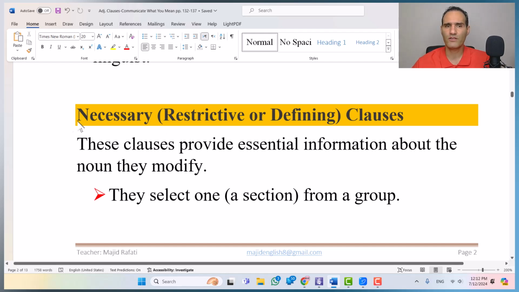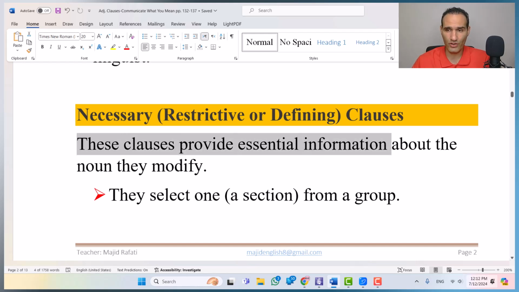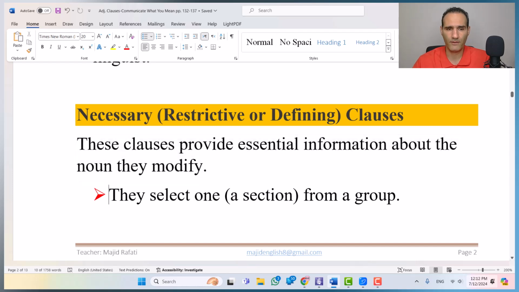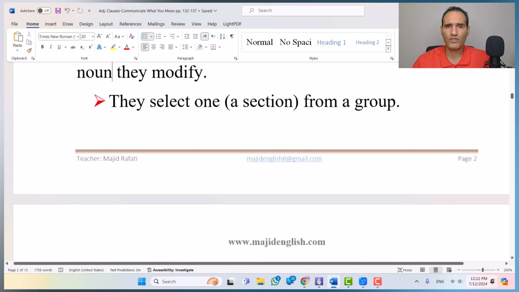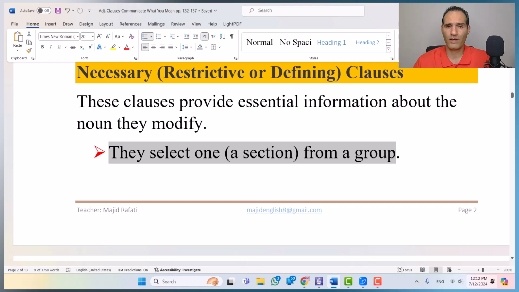Necessary adjective clauses, or restrictive or defining adjective clauses, there are different names for them. It says these clauses provide essential information about the noun they are modifying. There are some features of necessary adjective clauses. They select one from a group, or they select a section from a group.